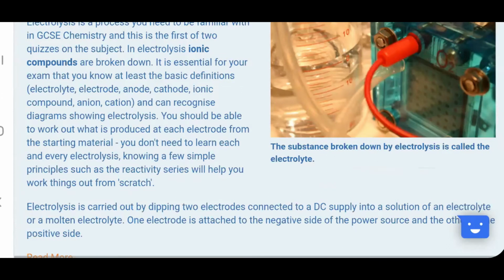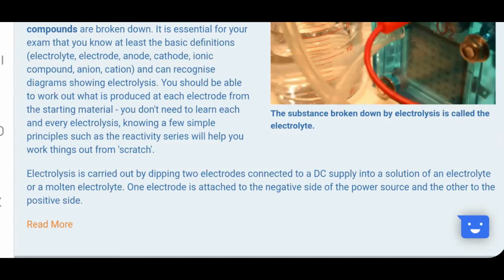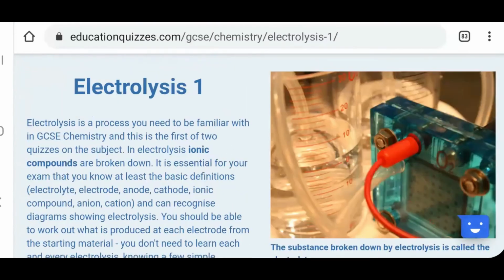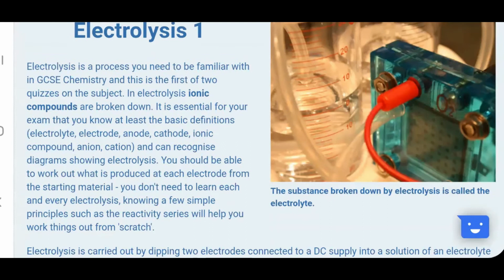Yeah, and there they have a diagram showing you what's going on. I can only look at these diagrams, but we need to get back to work to see for yourself what happens. Anyway, they say the substance broken down by electrolysis is called the electrolyte.